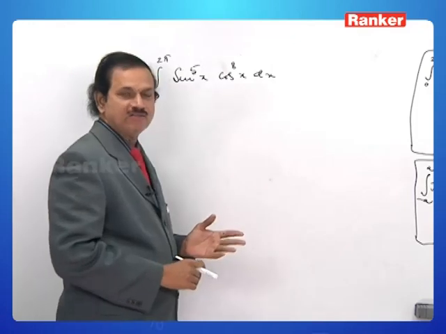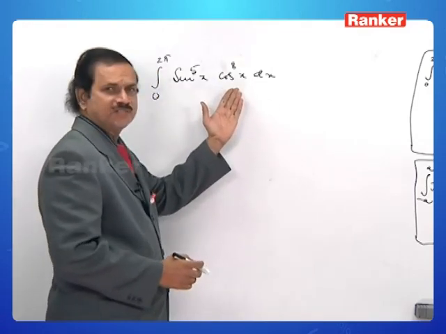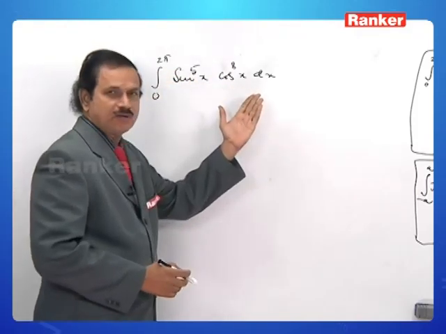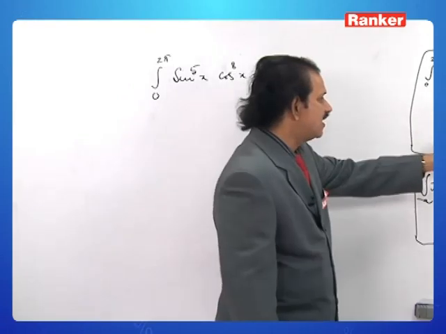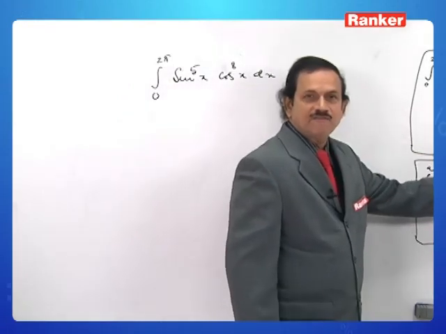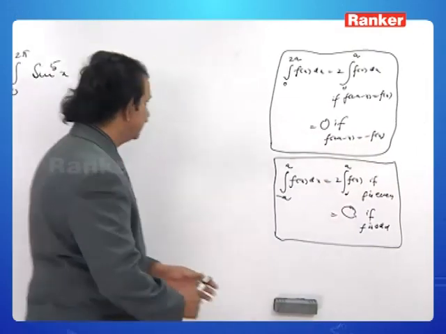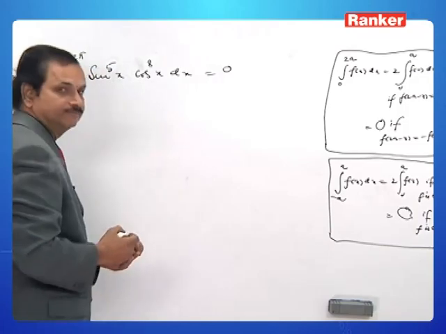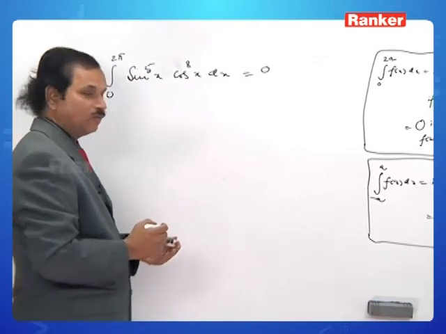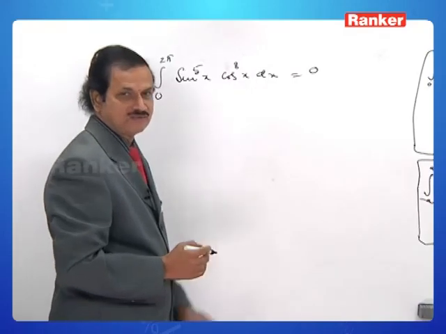Minus sine x power 5 is minus sine power 5x, but cos power 8x is positive. Negative number into positive number, negative. So the function changes its sign. f of 2a minus x has become minus f of x now. Hence the answer is 0, because f of 2a minus x is nothing but minus f of x.